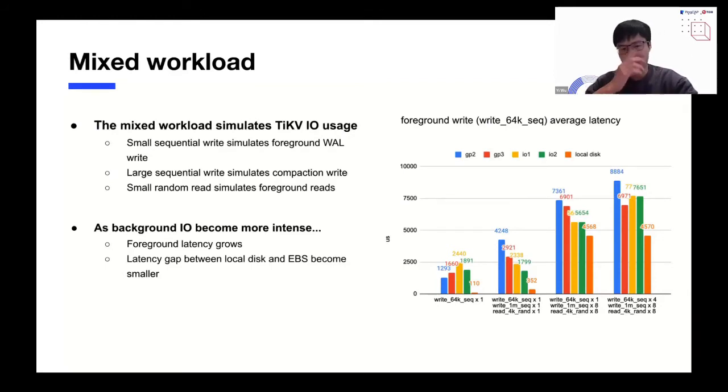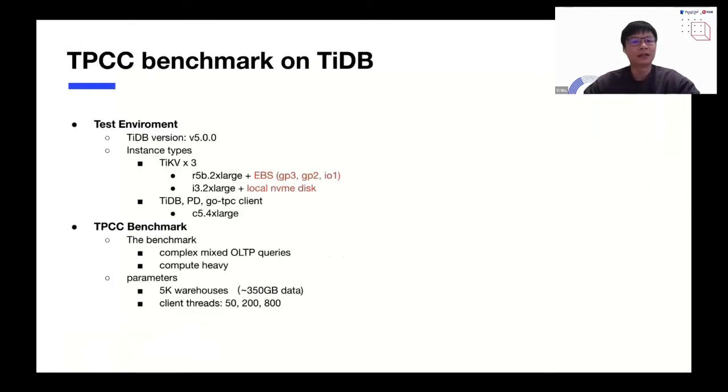So it shows that when we have a moderate workload on TiDB or TiKV, the performance gap between using EBS and using local disk will not be that much.